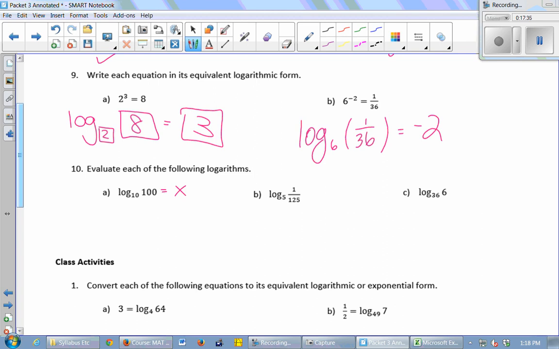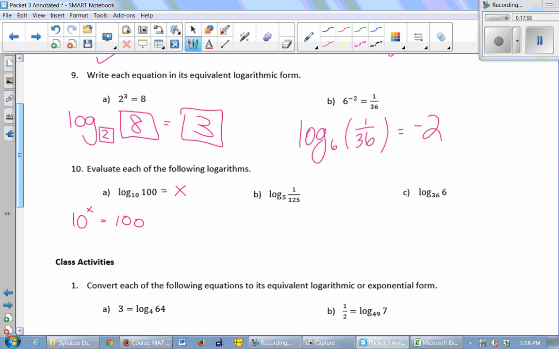We don't know what the log base 10 of 100 is. So if I was going to translate this to an exponential equation, my base would be 10. My exponent would be x, and my number on the other side would be 100. What number do you raise 10 to make a 100?